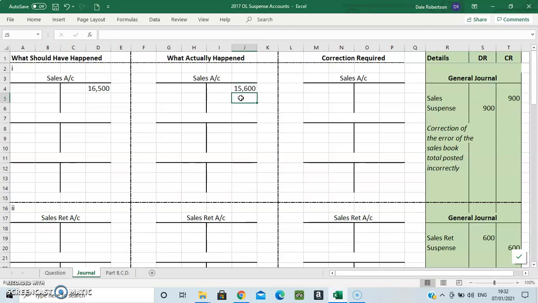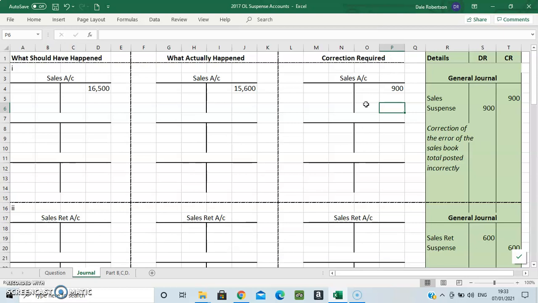Now, our task is to say, how do we make this 15,600 up to 16,500? What do we need to do? Well, I think we need to make it bigger. So something is going to go on the credit side, the same side, to make it bigger. And how much bigger? It's going to be 900 bigger. So on the credit side here, you put 900, and that is the correction that is required.